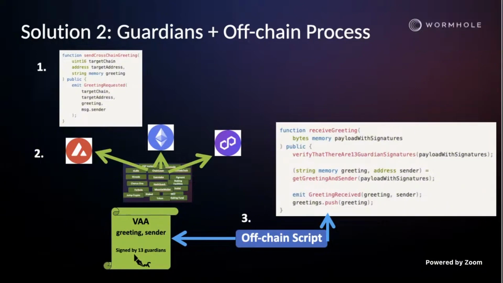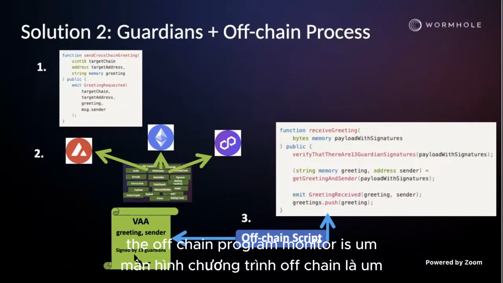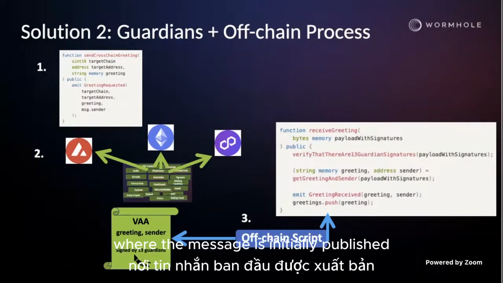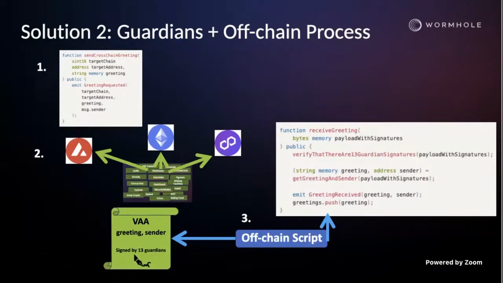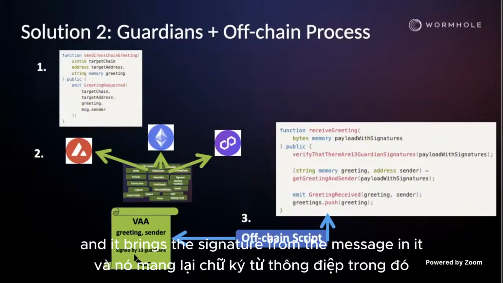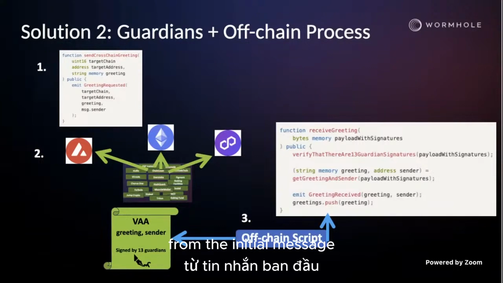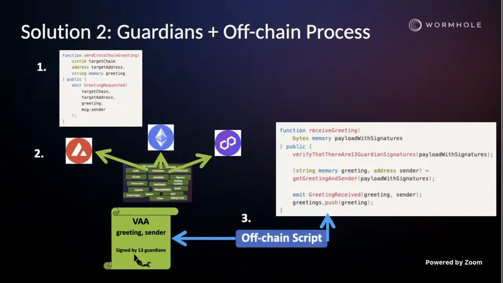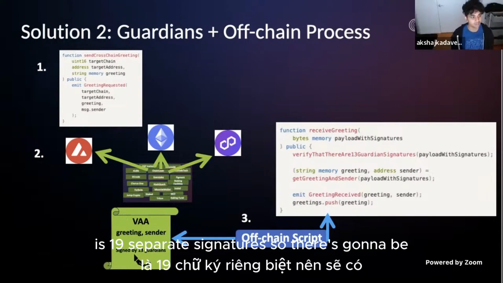Yeah, so the off-chain program monitors the source chain where the message is initially published, and it brings the signature from the initial message. I believe the signature is done by Wormhole, right? The signature is 19 separate signatures.